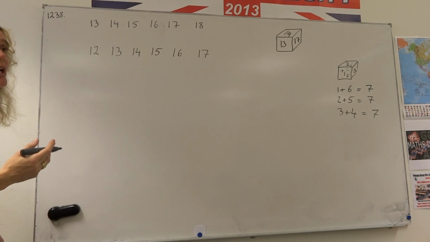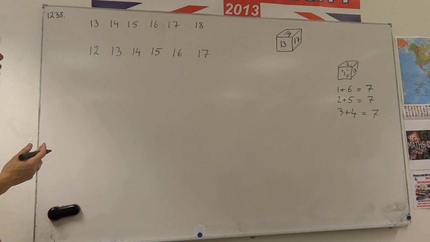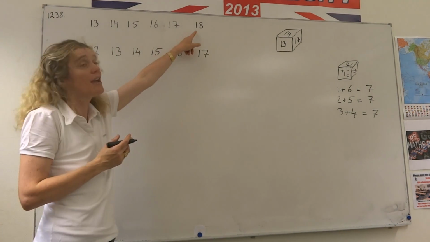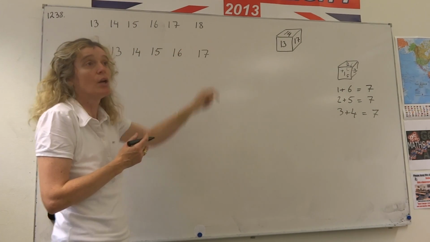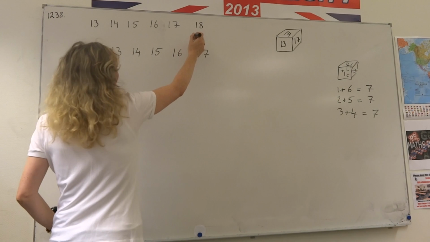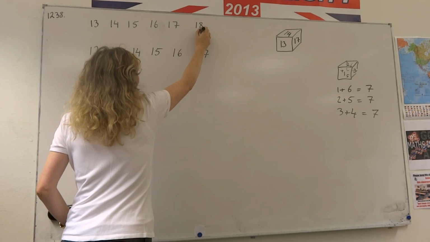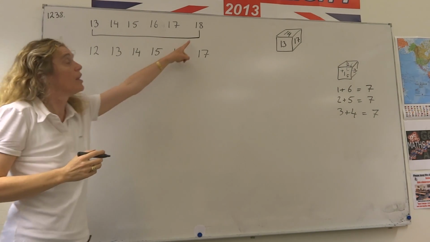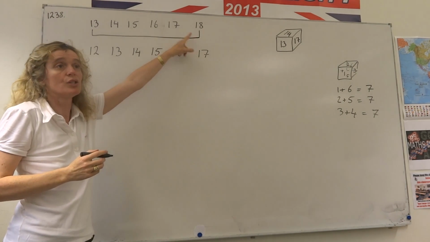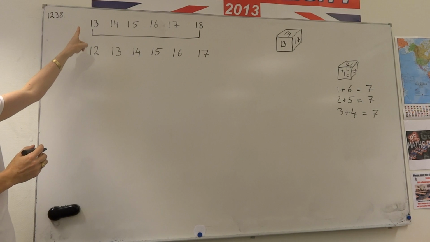Okay, let's have a look, start off by looking at what would be on the dice if it started at 13 and finished at 18. What would be on the opposite end of the 18? Well, if the numbers were going to add up together, you'd have the largest number together with the smallest number.